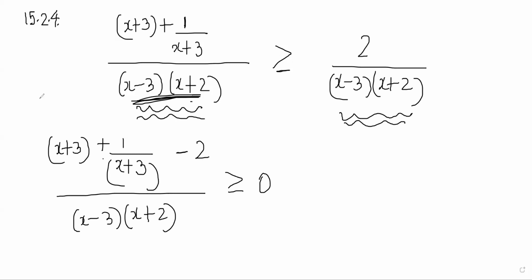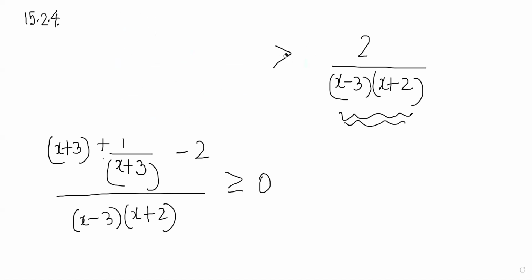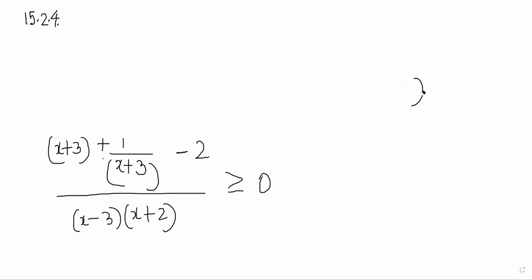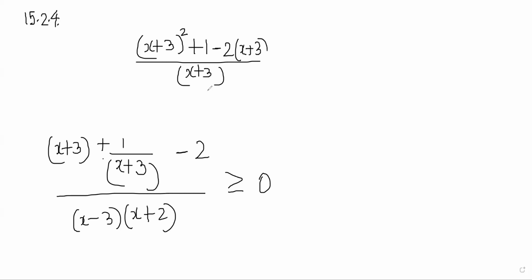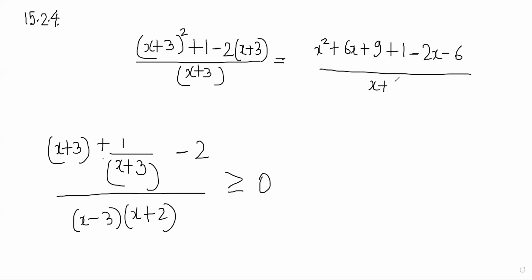Then simplifying this inequality, the top part you have to simplify. You can simplify it by just simply adding it. There will be a by x plus 3 there, so x plus 3 comes in the denominator. You get x plus 3 whole square plus 1 minus 2 times x plus 3, right? This is just the numerator right now that we are writing. So this becomes x squared plus 6x plus 9 plus 1 minus 2x minus 6 by x plus 3.